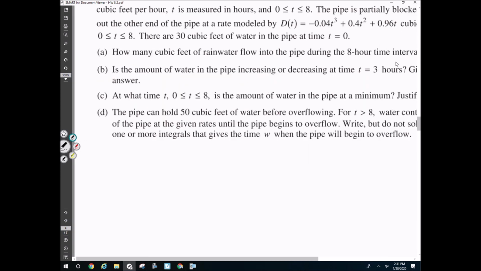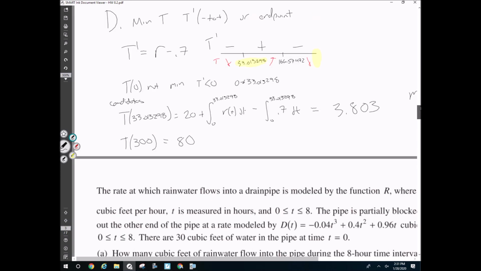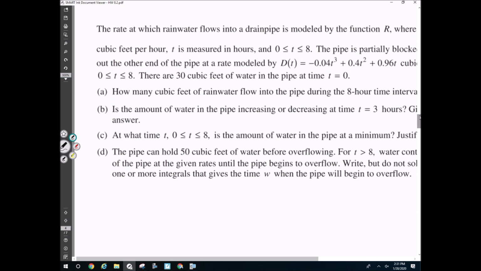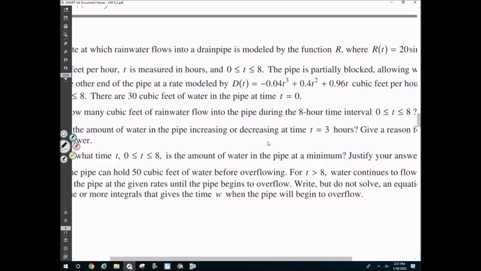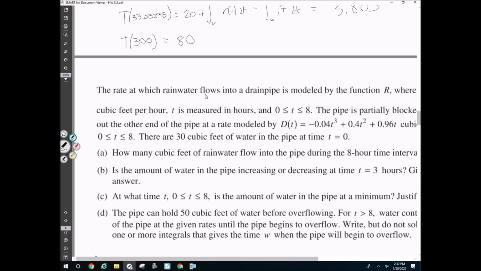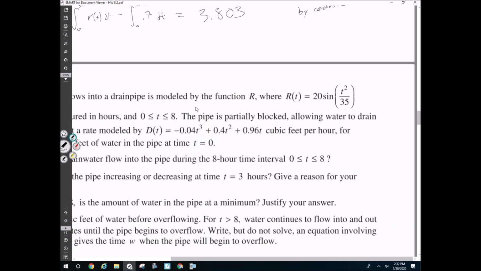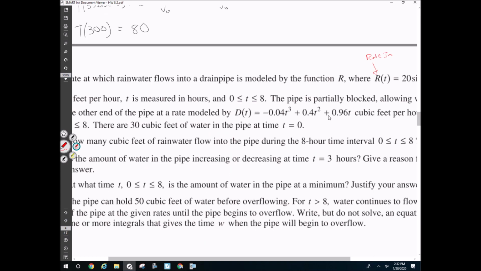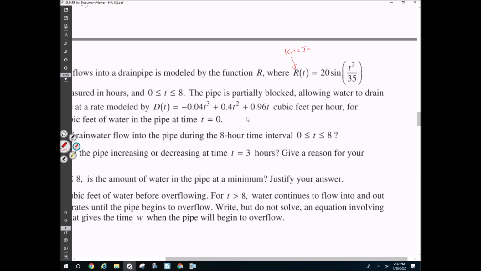So we did this during class, so I'll just do it quickly again. It does involve some time to plug stuff in. How many cubic feet of rainwater flow into the pipe? Well, let's read. We got the rate at which rainwater flows into a drain pipe is R, so this is my rate in. Rate at which it's flowing out, since it is partially blocked, is that.